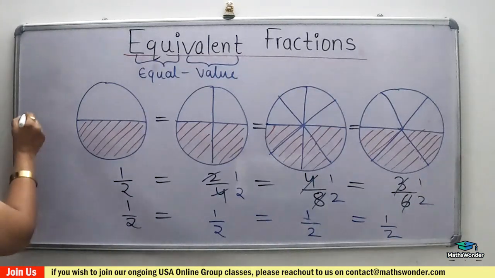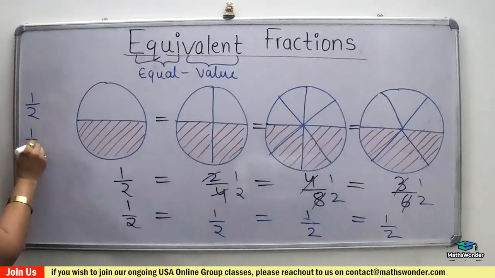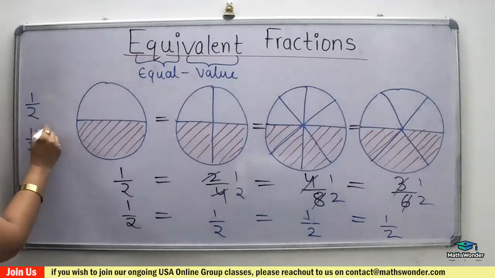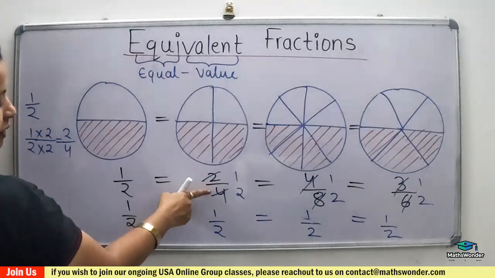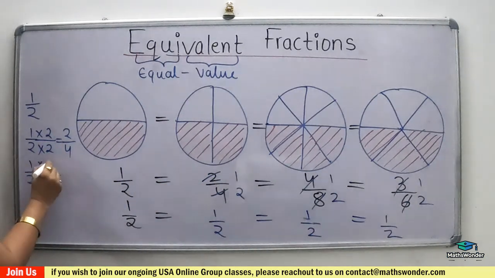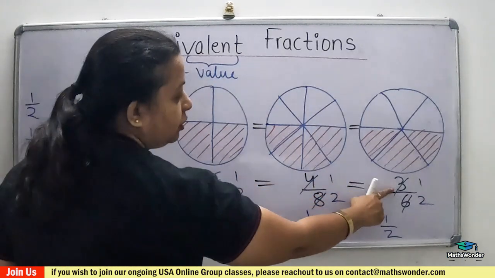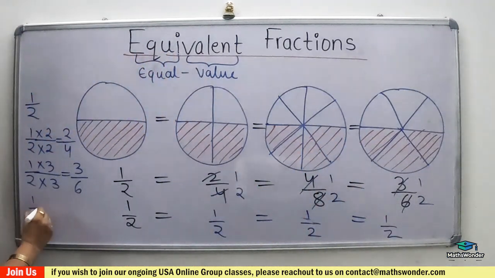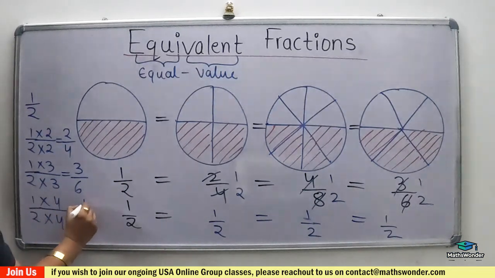So how? 1 over 2 is a basic fraction. 1 over 2, when you multiply by 2 and 2, it will become 2 over 4. Then 1 over 2, multiply 3 in both numerator and denominator, you will get the fraction 3 over 6. Same 1 over 2, when you multiply with 4, you will get 4 over 8.